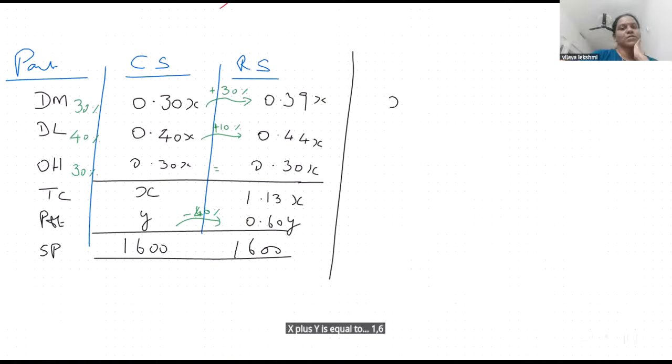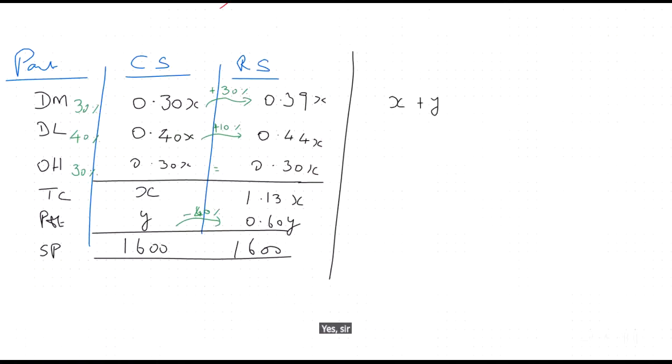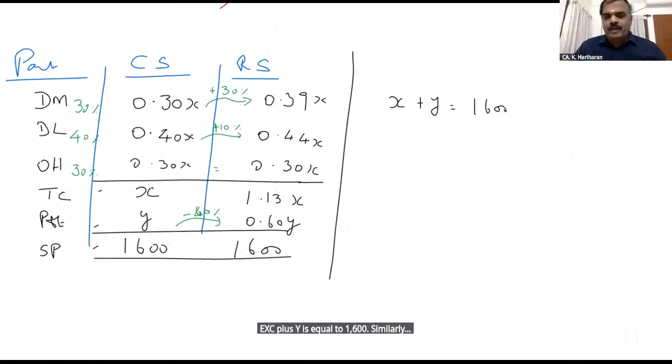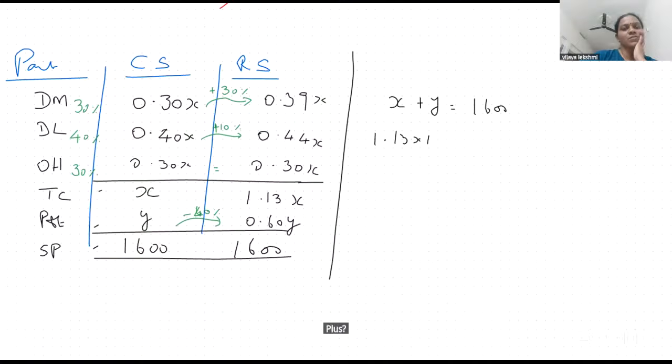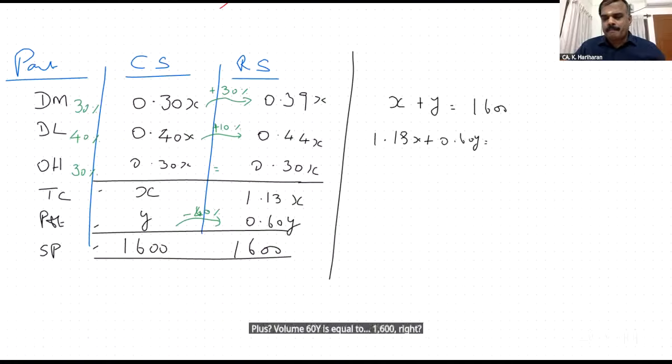Similarly, 1.13X plus 0.60Y is equal to 1,600.